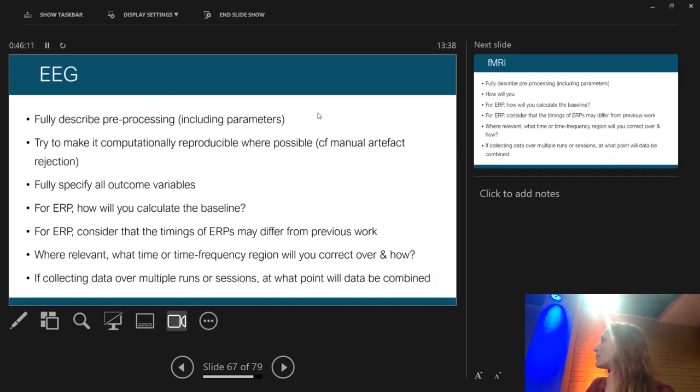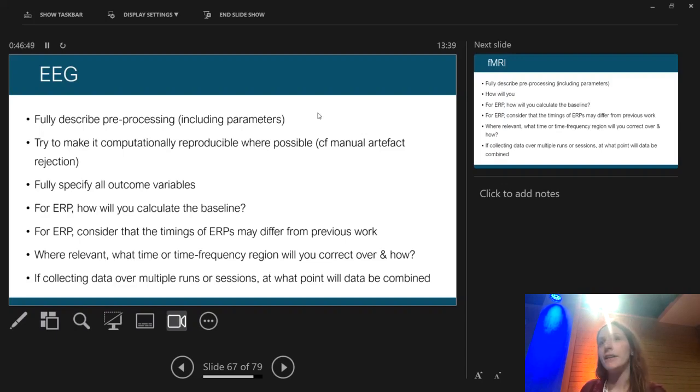So for EEG, again, a rough checklist. I'm sure I missed things, and do let me know if I've missed anything. You would need to fully describe the pre-processing steps you're taking, including the parameters. Where you can, try to make it computationally reproducible, so somebody else can repeat what you've done and get the same answer. Something that sometimes comes up with EEG is artifact rejection. Blinks, muscle movements, things like that cause deflections in the EEG, noise.